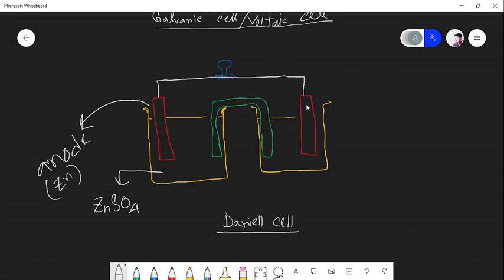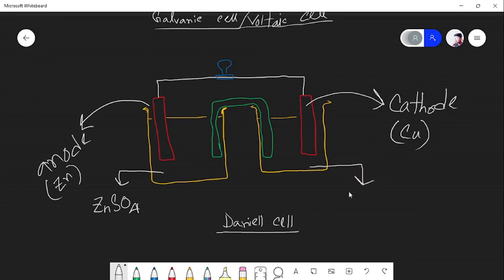And this is our cathode, and this cathode is made up of copper, and the solution where the cathode is, is copper sulfate.